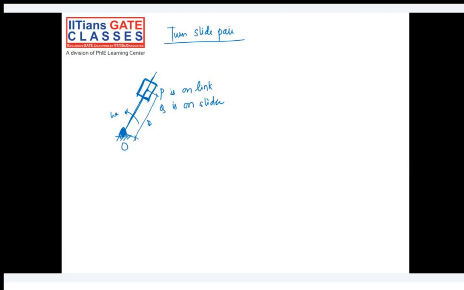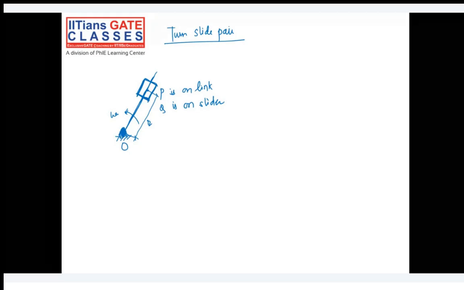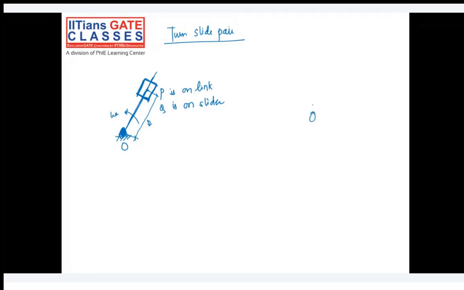We'll try to draw a line which is parallel to this. So this is a tangential velocity, and our slider is sliding in this direction, for example.